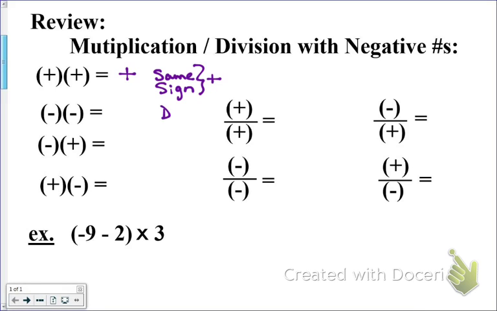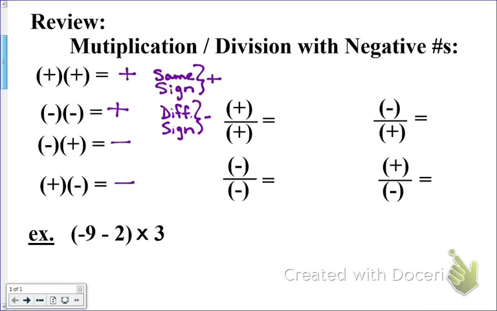If you have different signs, that's when we're going to be negative. So if you have the same sign, you're turning out to be positive. Different signs, we're going to be negative. I can't stress enough, if they have different signs, it's going to be negative.